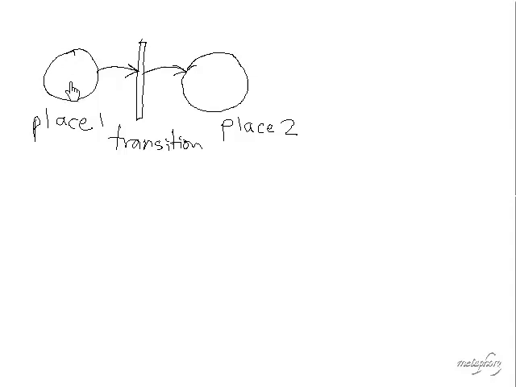Now, in addition to places and transitions, we need some sort of control or flow mechanism, and we achieve this by creating something we'll call a token. And so we'll fill a little circle in here and say that this thing right here, and I'm just drawing the arrow for emphasis, is going to be a token.